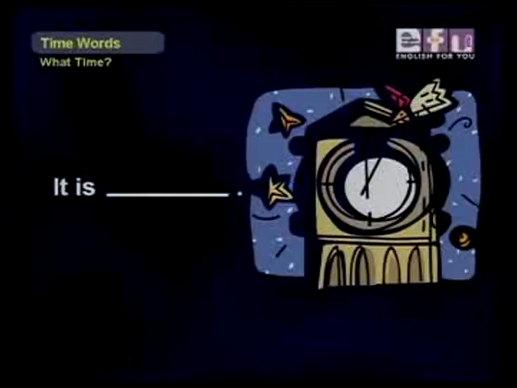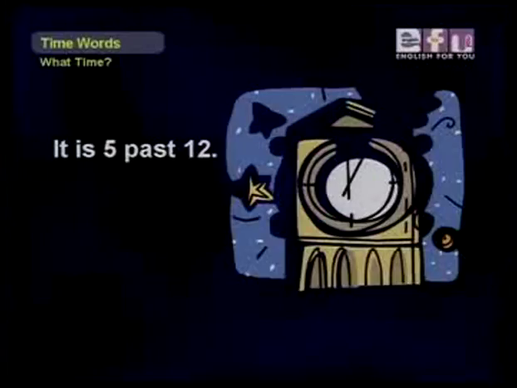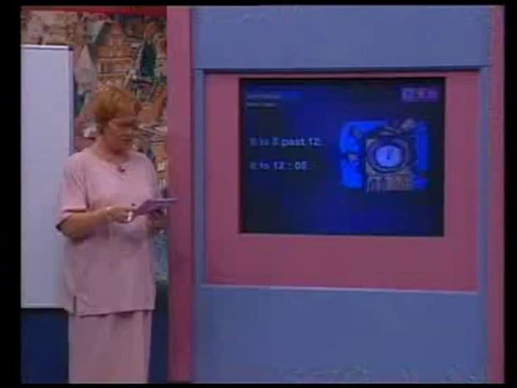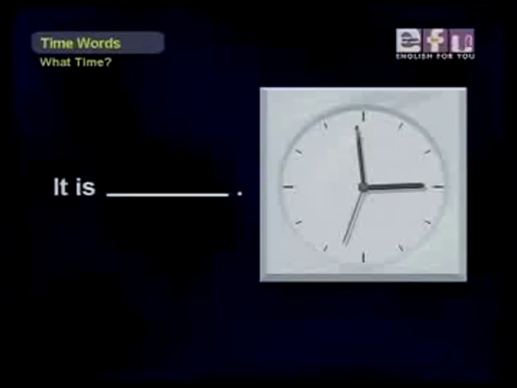Okay, Lisa, back to you. It is 5 past 12. It is 12:05. Lisa, is it midnight? Yes, it is midnight. Okay. All right, Isabel, the next one for you. It is 3 o'clock.